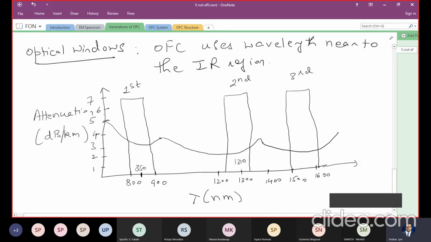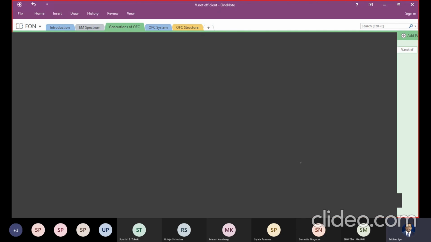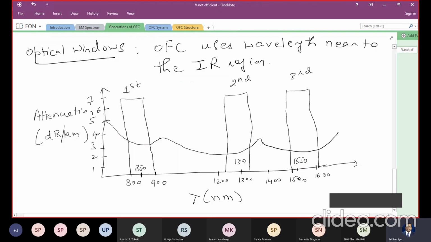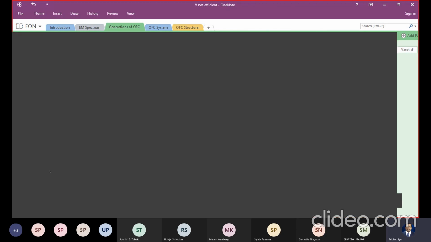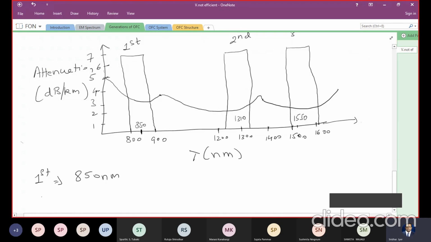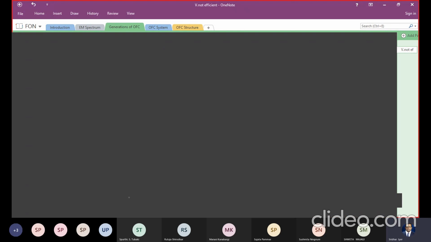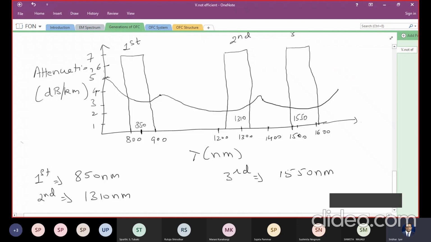Okay, and for the third generation, it is somewhere around 1550 nanometer, right? So these windows are very, very important for us. So let me place this here. In the first window, the center wavelength is 850 nanometer. In the second window, the center wavelength is 1310 nanometer, and in the third window, the center wavelength is 1550 nanometer.